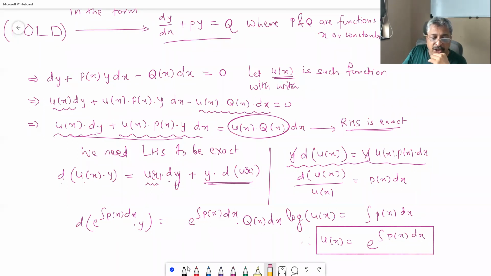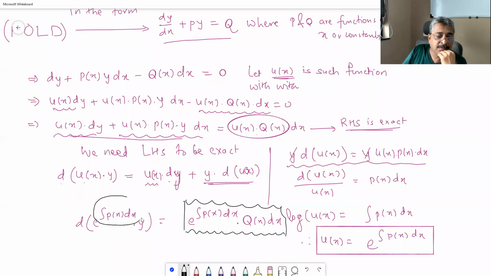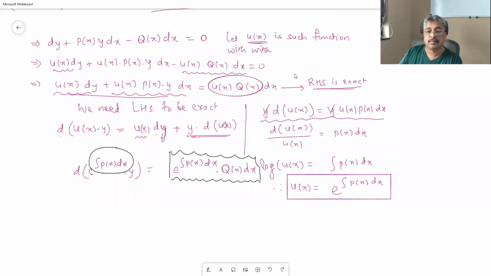Therefore, eventually you will be required to find the integration of this term and write LHS like this, e raised to, of course, you have to find the integration of this term also. I hope it is clear. I have explained it in bits and pieces, but okay, using this theory, solve this differential equation.